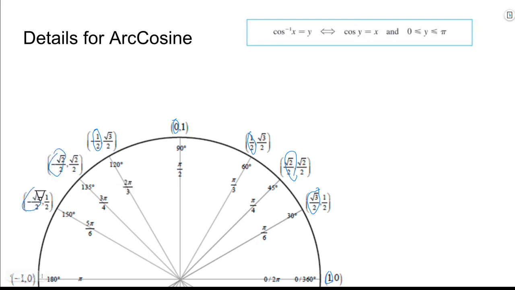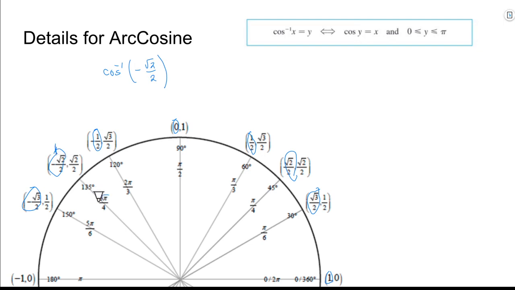And the nice thing is with this picture, if I want to find the inverse cosine of negative square root of 2 over 2, I look it up here, so this is what I need.